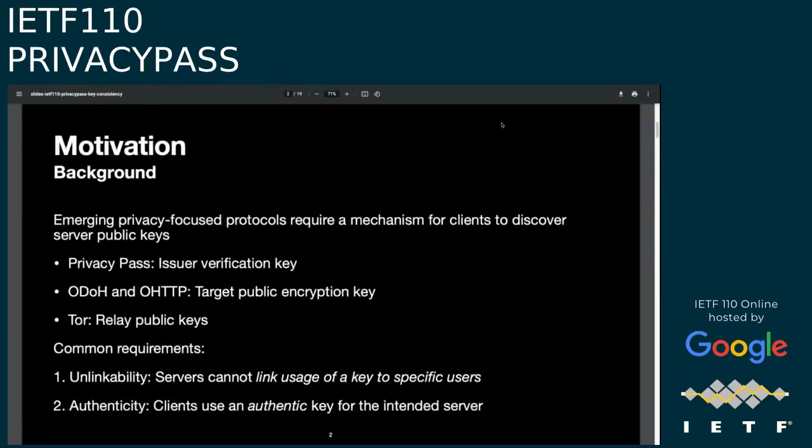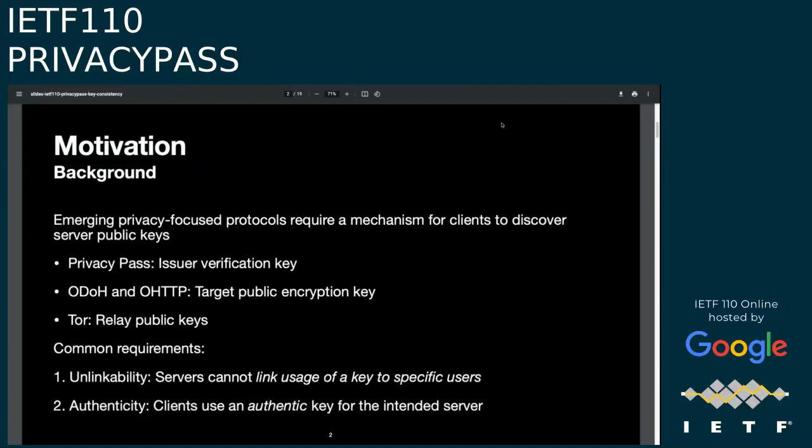Yeah, so as I said, there's a number of parallel use cases in emerging protocols that require some mechanism to get a key and then figure out that it is authentic. It is the correct key for a particular service, be it a Privacypass issuer verification key, an Oblivious DoH or HTTP encryption key, or in the case of Tor, maybe a relay public key.